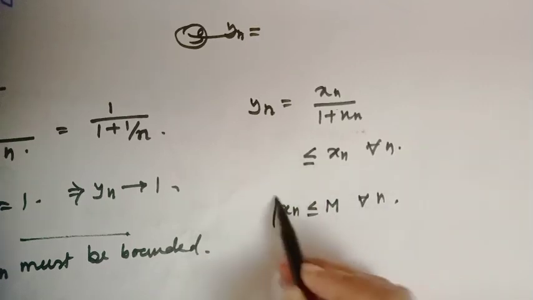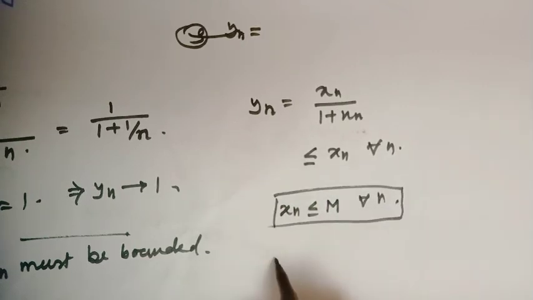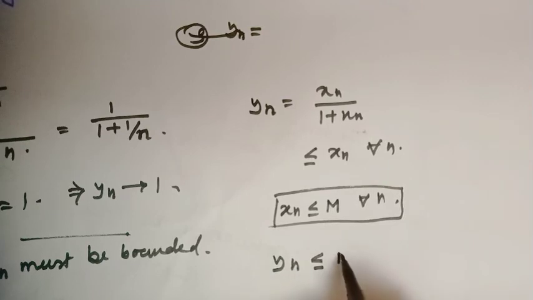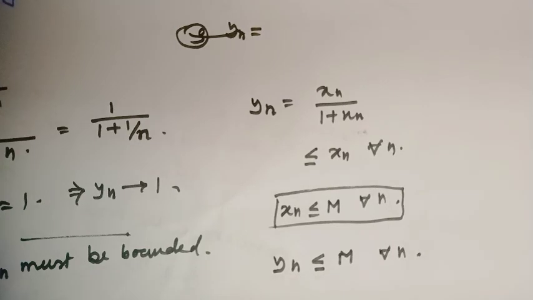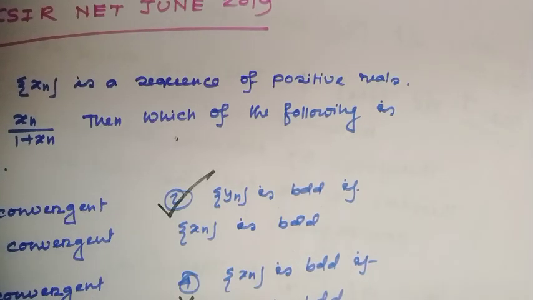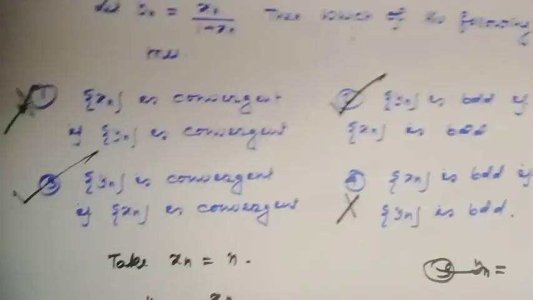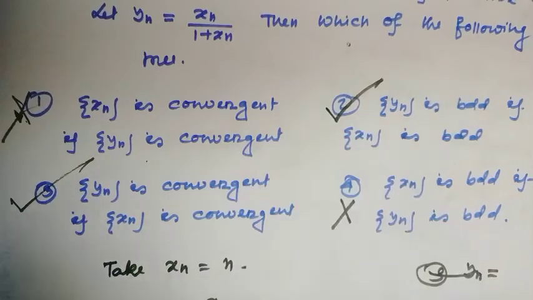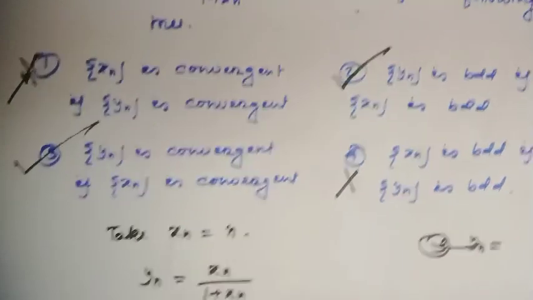Therefore, from this line we can say yn is less than or equal to M for all n. Therefore, yn must be bounded. So option 2 is also a correct option. Are you getting my point? That means option 3 and option 2 are the right options.